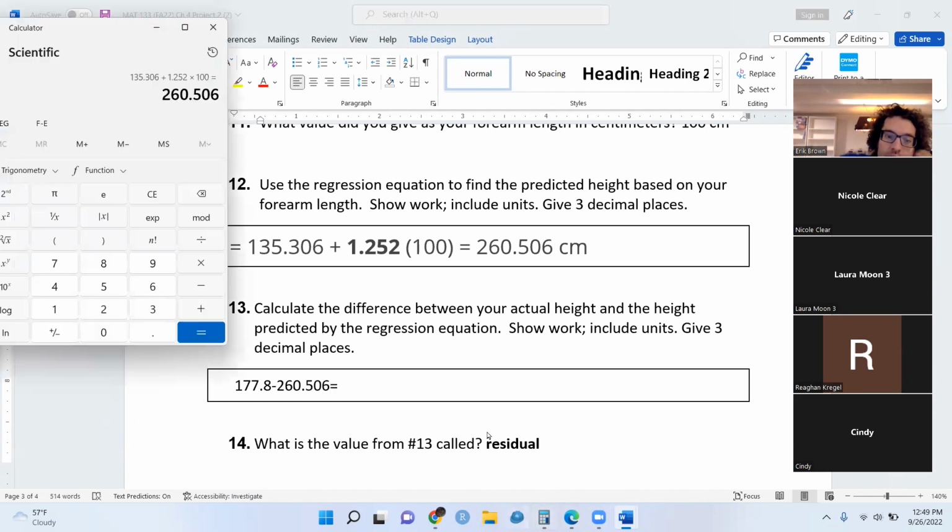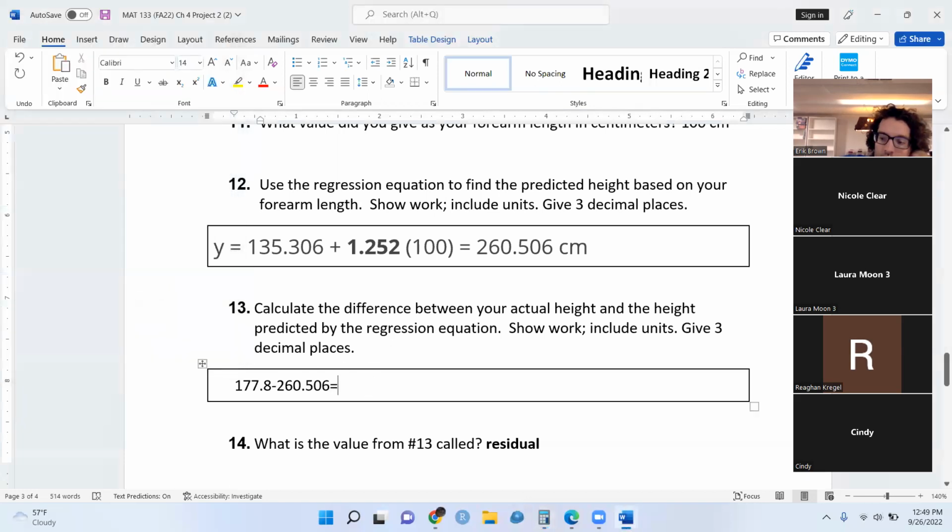So my residual is negative 82.706. So probably that 100 centimeters was a little long. How are we doing? Is everyone tracking?